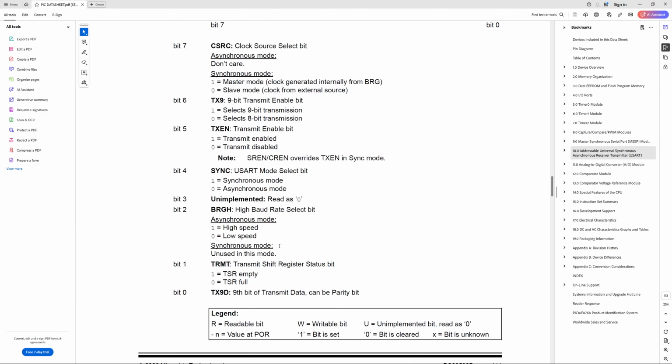Now the second bit is the baud rate high select bit. In asynchronous mode you can keep 1 if you want high speed, 0 if you want low speed. So there is a baud rate kind of thing. Baud rate means the communication speed. Baud rate means bits per second.